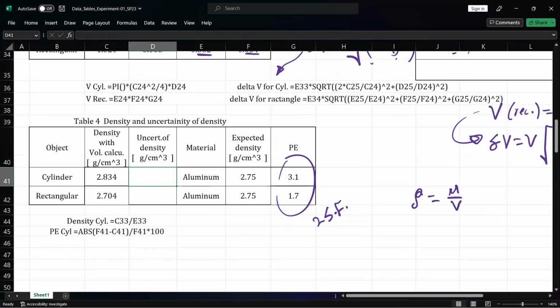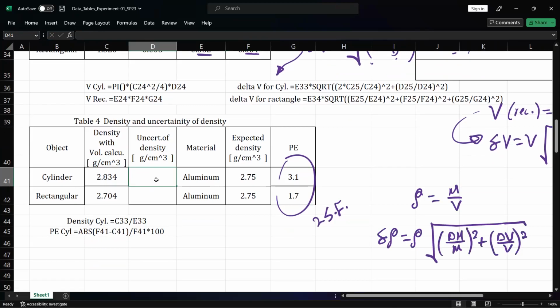Then the division rule. The error for the density is equal to the density multiplied by the square root of the error for the mass over the mass to the power 2, plus the error for the volume over the volume to the power 2. That's it. It's very simple.